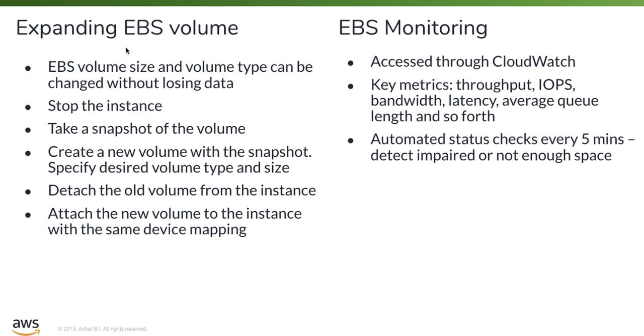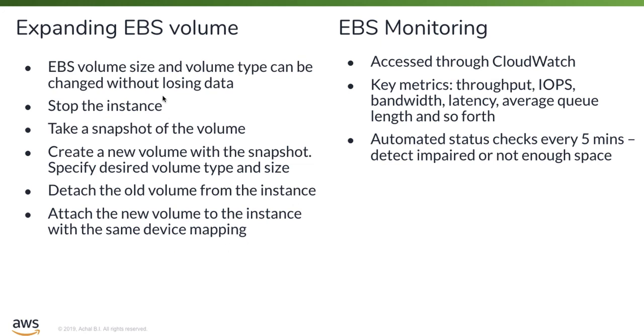So you can always increase the EBS volume, but it happens through a certain set of steps. You need to stop the instance, take a snapshot of the volume, create a new volume with that snapshot, and change the desired volume type and size. Then you can detach your old volume from the instance and attach the new volume to the instance with the same device mapping.